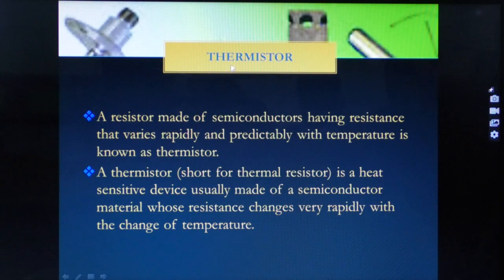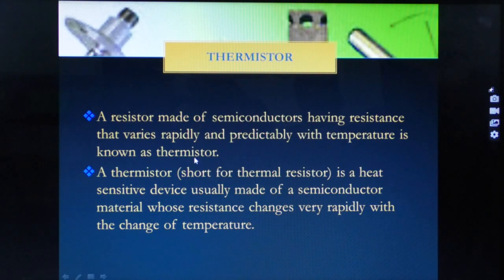Thermistor, as it is clear, is a combination of two words, therm, which means temperature, and resistor. So it means it is that type of resistor whose resistance varies with the variation in the temperature. A resistor made of semiconductors having resistance that varies rapidly and predictably with temperature is known as a thermistor.